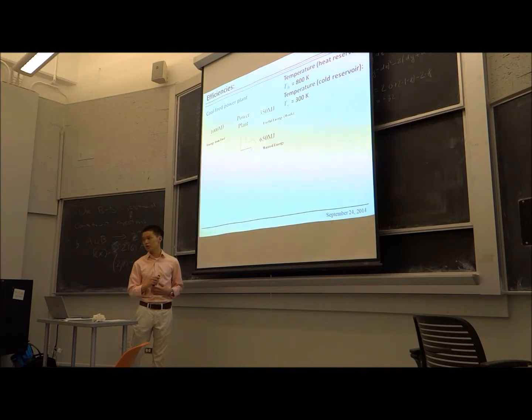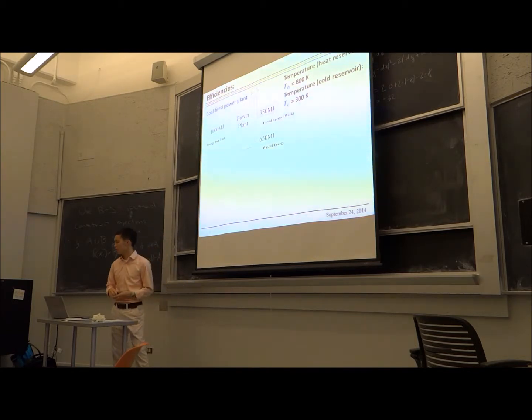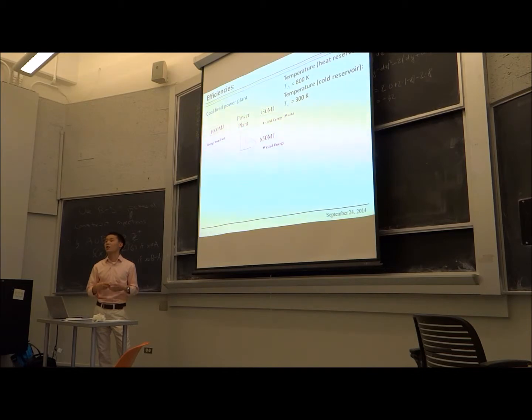The high temperature is 800 Kelvin, the low temperature is 300 Kelvin. From here, we're going to calculate the efficiency, thermal efficiency or first law efficiency, and also calculate the Carnot efficiency. And another definition is effectiveness or second law efficiency.